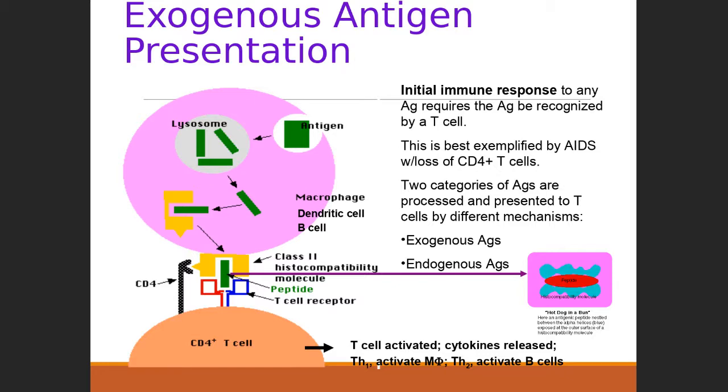This is a response against the exogenous antigens, the ones that would have been inhaled, eaten, vaccine-induced. You'll notice that the exogenous antigens are always going to be involved with our class 2 major histocompatibility complexes. But let's look at the general process here. Here we have our phagocytic cell, the big purple circle.